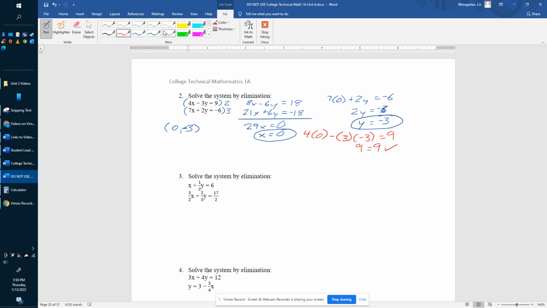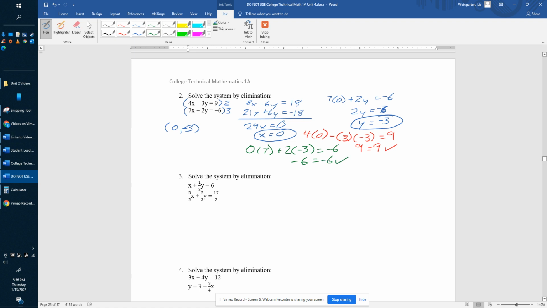We're good. Let's do the other equation. 0 times 7 plus 2 times negative 3 equals negative 6. 2 times negative 3 is negative 6. 0 times 7 is 0. Negative 6 equals negative 6. We are good to go.